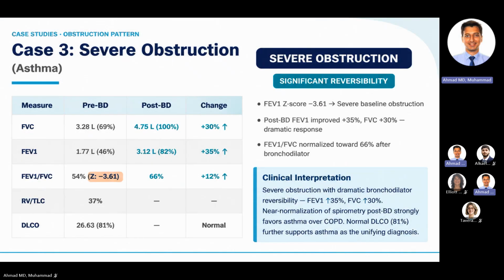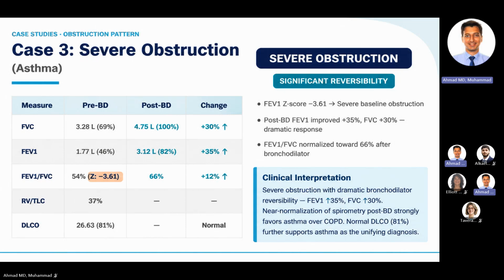Example 3. Look at the FEV1 FVC ratio, 54%, z-score of minus 3.61, moderately reduced. Look at the FEV1, 1.77, 46% of predicted, quite severely reduced. Look at the FVC, 3.28 liters, mildly reduced.